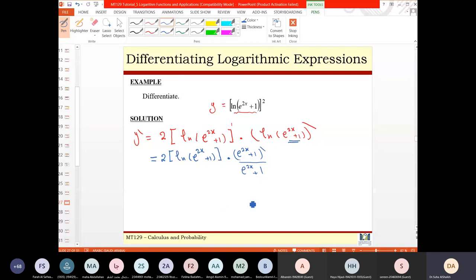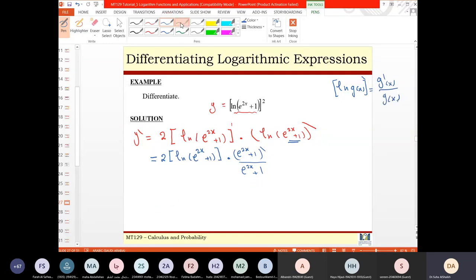This is the derivative of the ln of g(x) dash, which is g dash x over g(x).